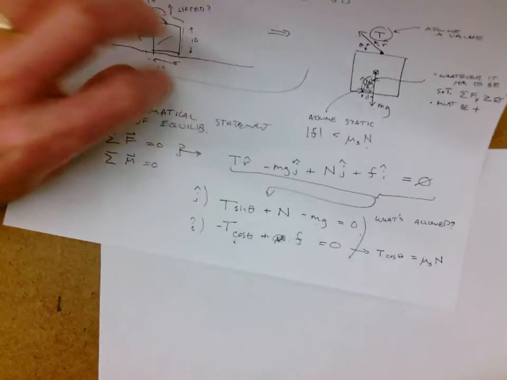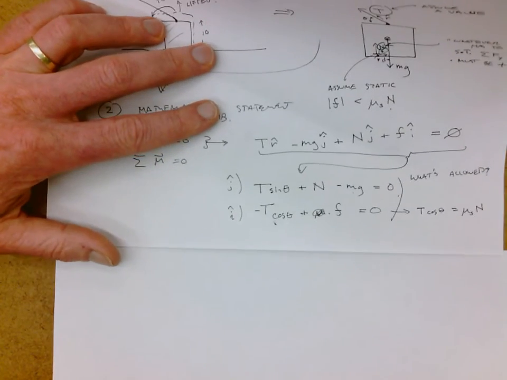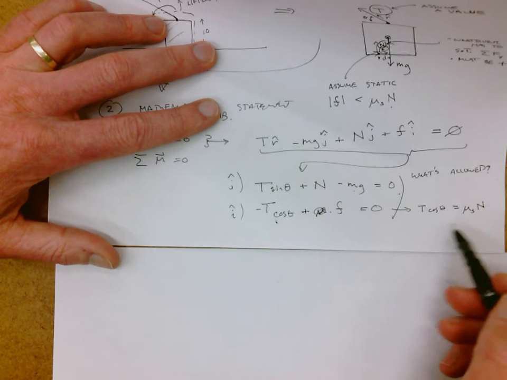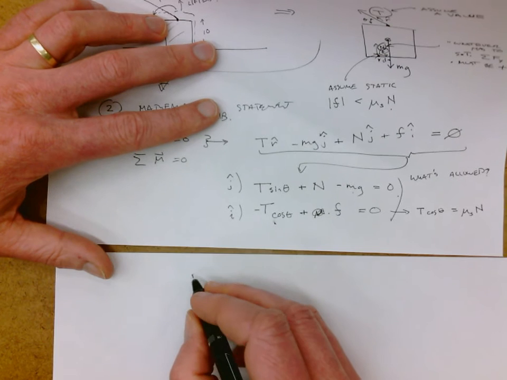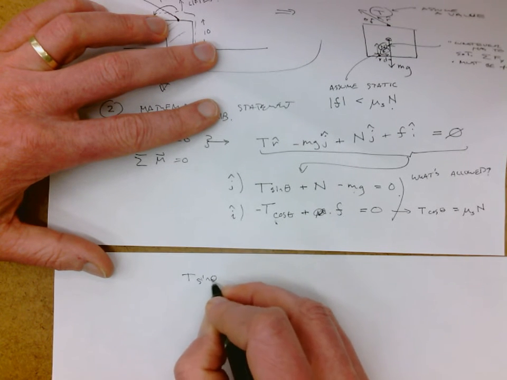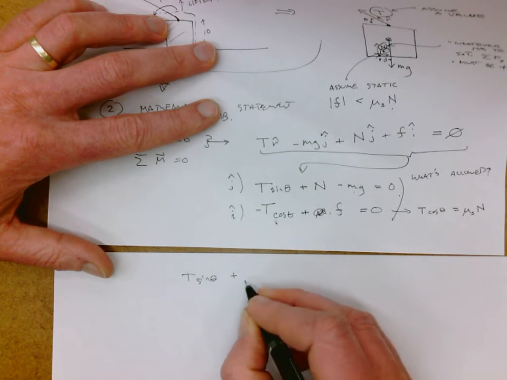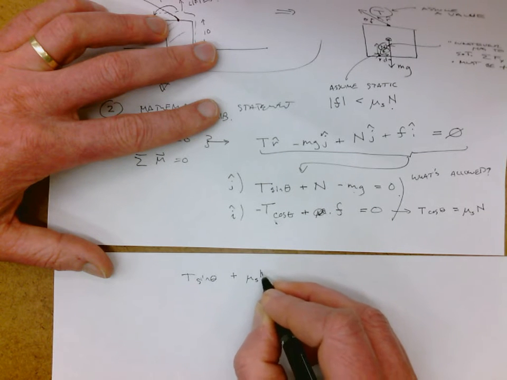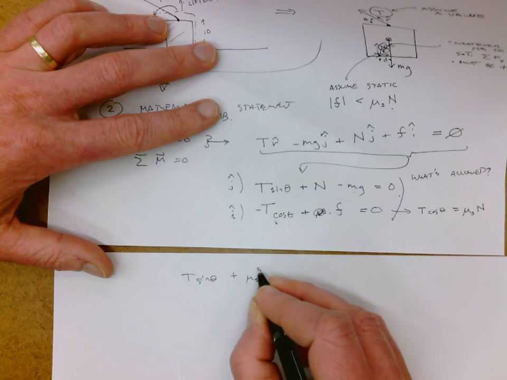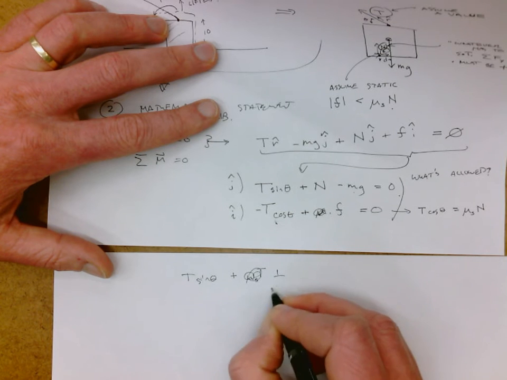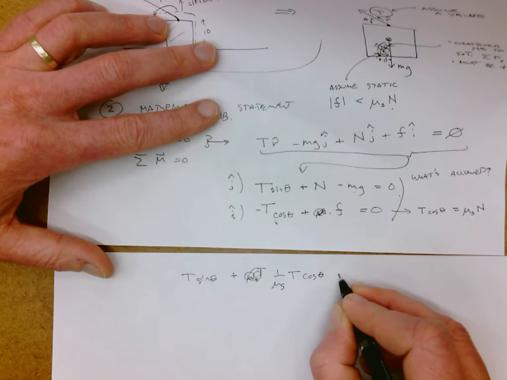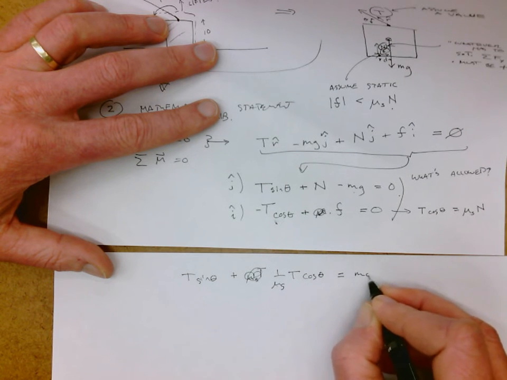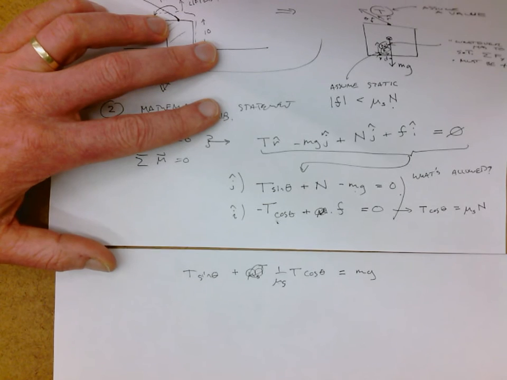So let's do that. If I plug this in for the normal force up above, I'm going to get T times sine of theta plus mu sub s times 1 over mu sub s times T times cos of theta has to be equal to mg. Okay.